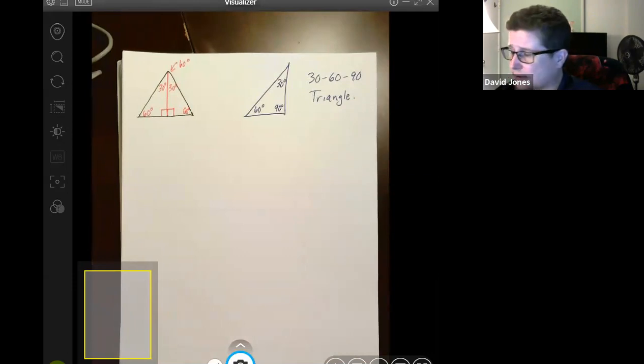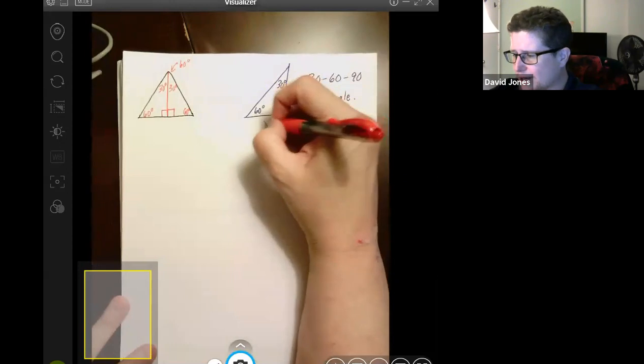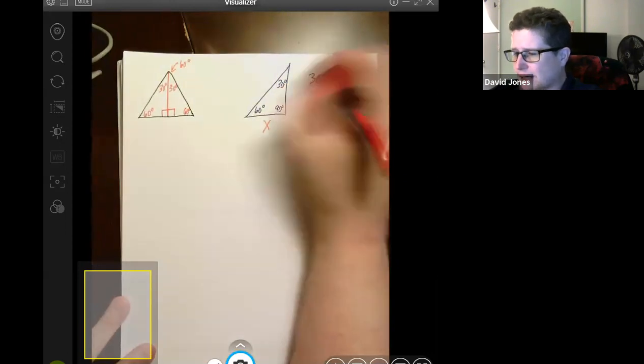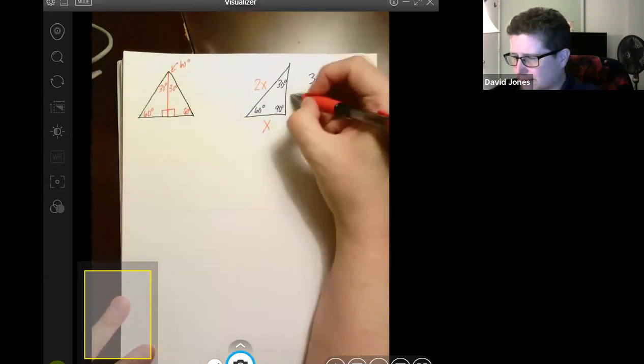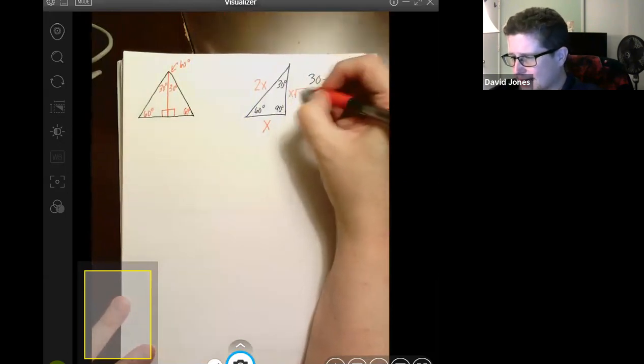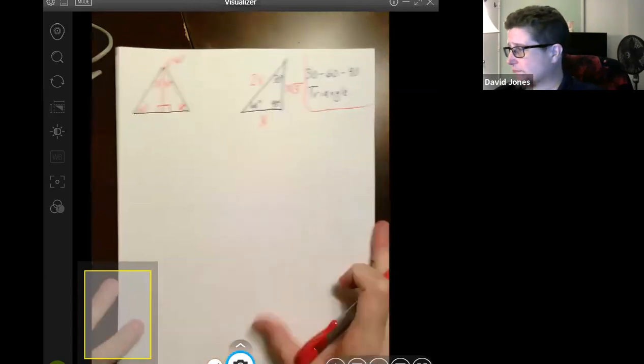The fun thing about 30, 60, 90 triangles is, if we call the side opposite 30 x, the hypotenuse is equal to 2x, and the adjacent side is x root 3. Okay?